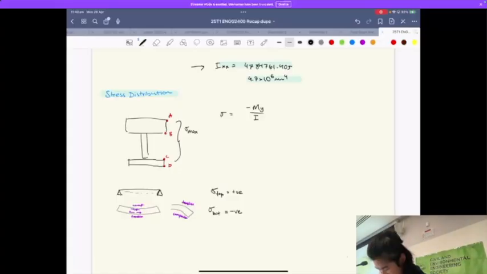The stress at A is going to be M over, I'll just go through this. This is your moment in Newton millimeters. This is your distance to neutral axis. And that's your moment of inertia.